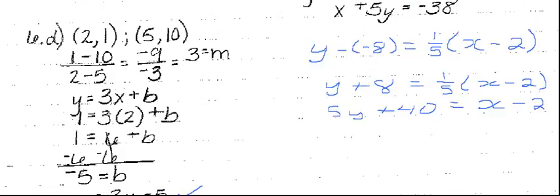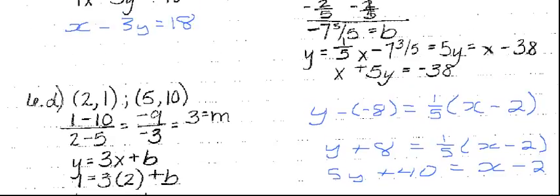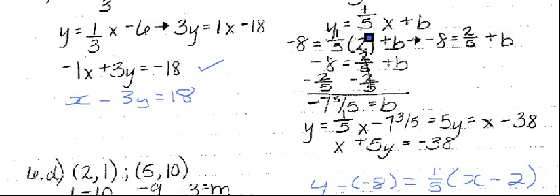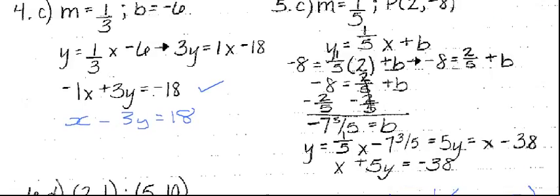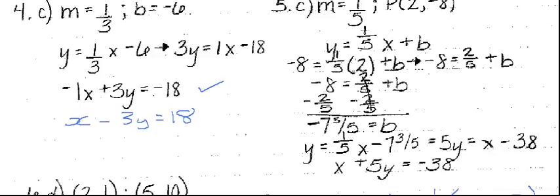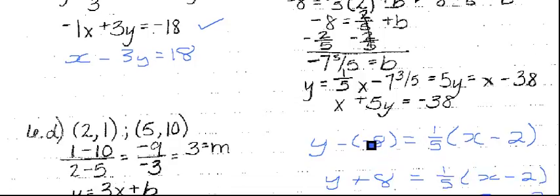If we go back up to question number 5, you were given in this question a slope and a point. Now whenever we have a slope and a point, I think the best way to do it is to use the slope point formula, which is the y minus y1 equals m times x minus x1 method.